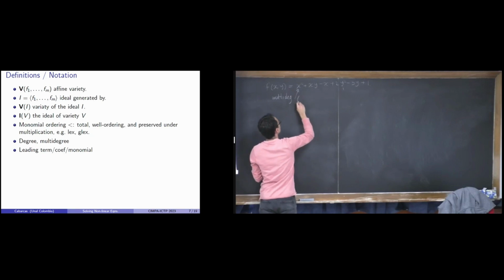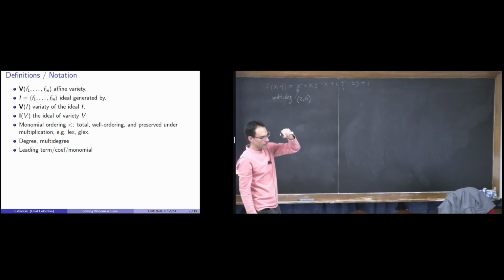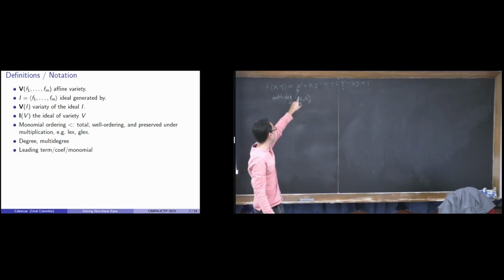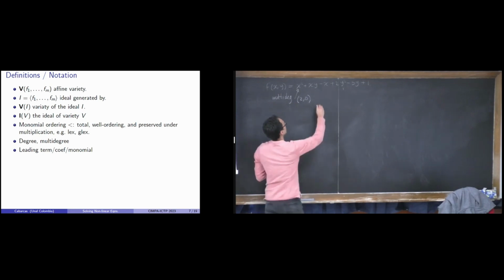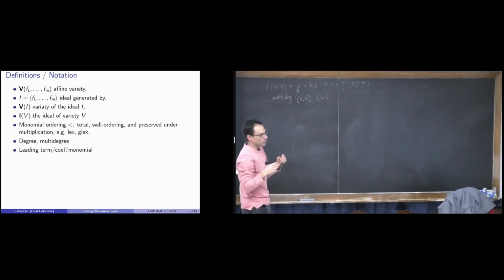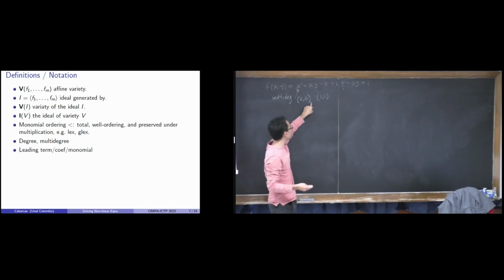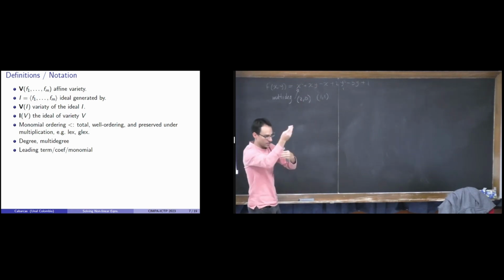of x squared is a tuple of the degrees of each variable appearing in that monomial, which is (2, 0), and the multi-degree of this one would be (1, 1). We can define the ordering on the tuples, and then the ordering on the tuples gives us the order of the monomials.